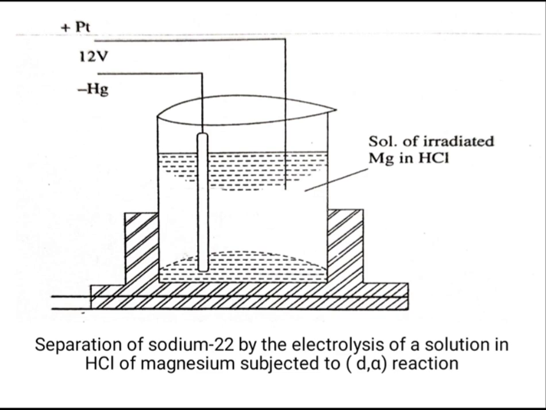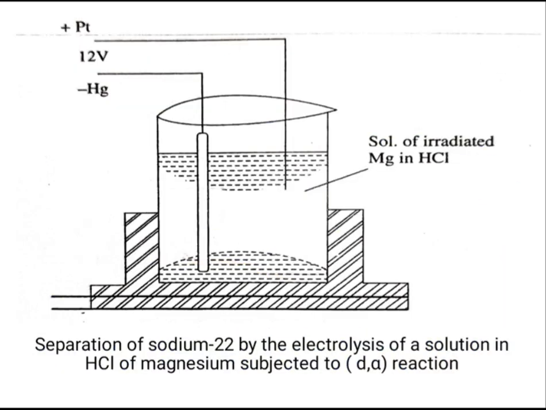This sodium 22 which is formed goes to the mercury, that is the cathode, and the amalgam formed can be subsequently decomposed to yield NaOH solution, and that NaOH solution will contain sodium in the form of sodium 22. So by this way the sodium 22 can be separated by the electrolysis of a solution in HCl of magnesium which was subjected to the D alpha reaction.